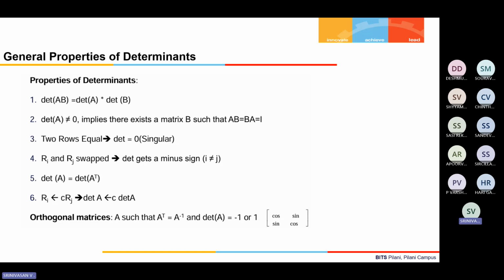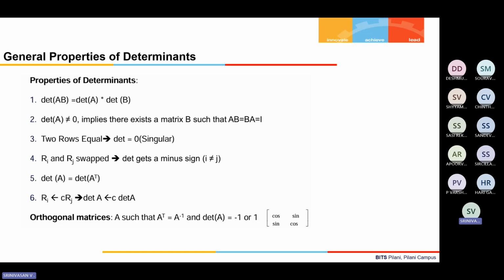Here to substantiate that property, you just see that first column and the third column. Minus 2 into 2, 3 into 2, 5 into 2. Not necessarily they are the same, but the third column elements are a multiple of 2 of column 1. So they are identical. Here C1 and C3 are identical. So if any two rows or any two columns are identical, then the determinant value is 0.